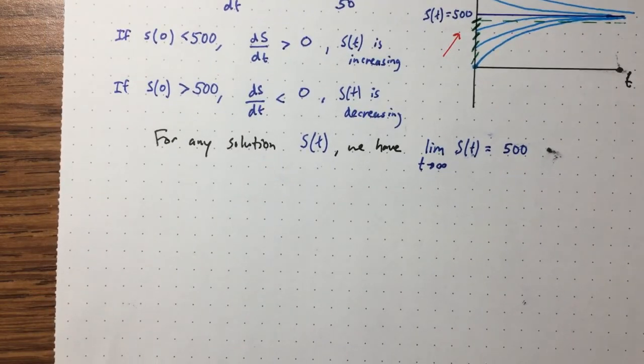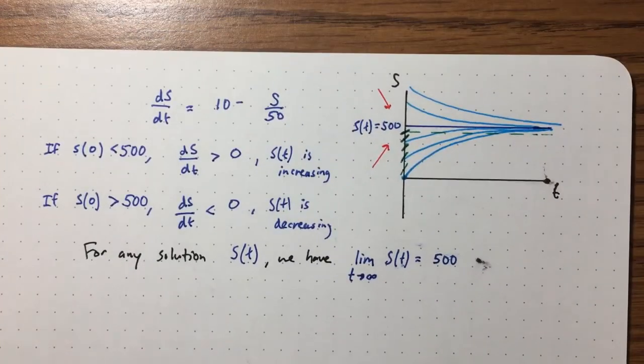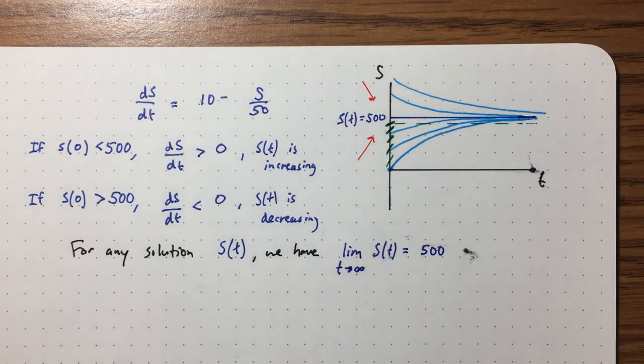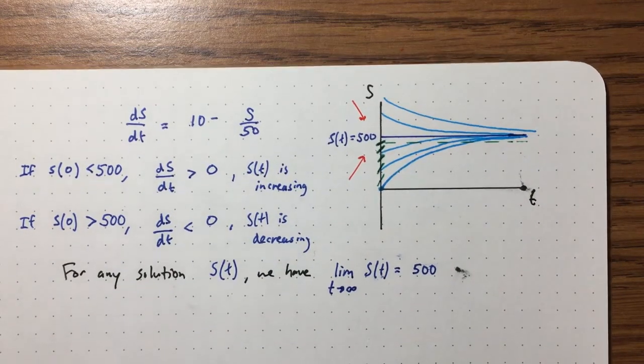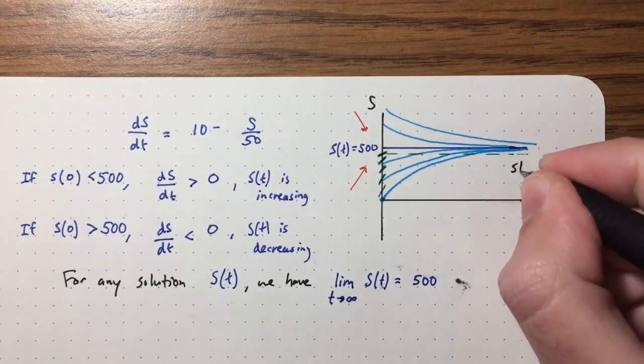Okay. So I want to do another example, but before I do, I want to tell you a word for this kind of solution. This is called a stable equilibrium.